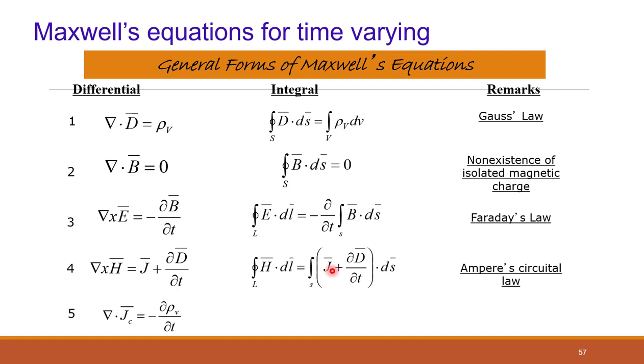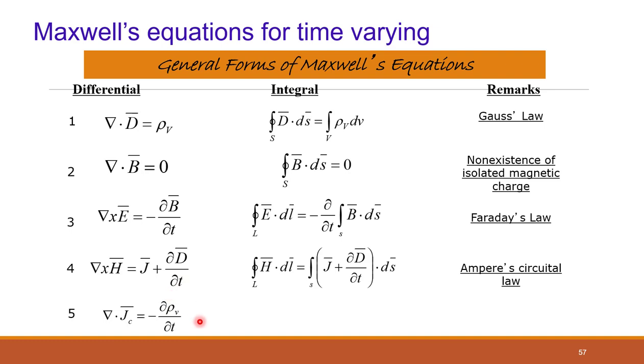There are two types of current densities: one is conduction current density and the other is displacement current density. If both are added, because of the inconsistency of Ampere's law, we get closed integration of H dot dl is equal to surface integration of J bar plus dou D by dou T with respect to ds, and its point form is del cross H is equal to J bar plus dou D by dou T.